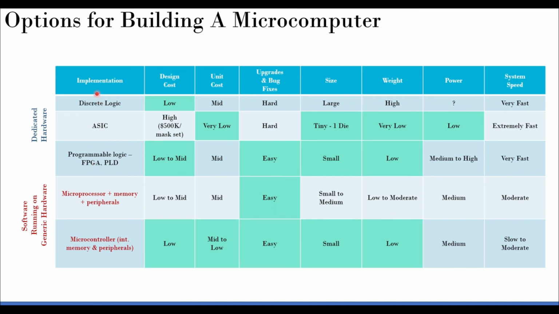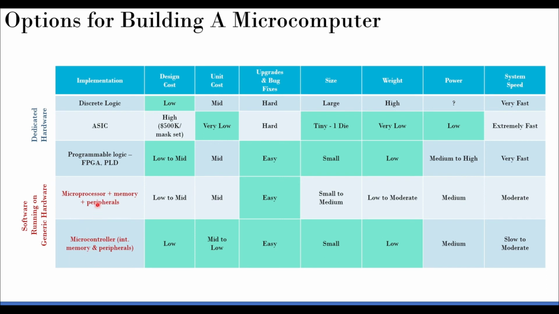You could say that these three belong to the category of dedicated hardware, which means that you are dedicating it for a specific application. That's a very important point. Then comes the software running on generic hardware, the category of the microprocessor plus memory plus peripherals, and the microcontroller.